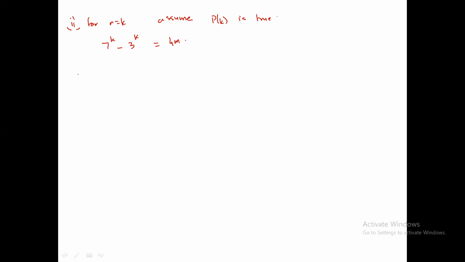Now the third part you have to prove here. For n equal to k plus 1, we will take P of k plus 1. But first we will take the left hand side, in place of n, k plus 1. But I can make some changes here.